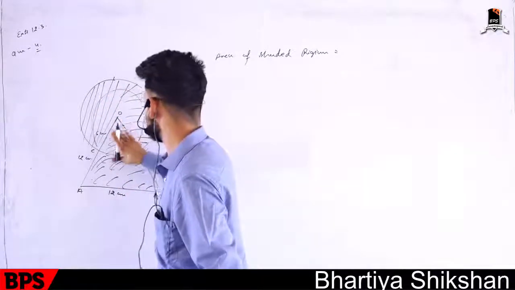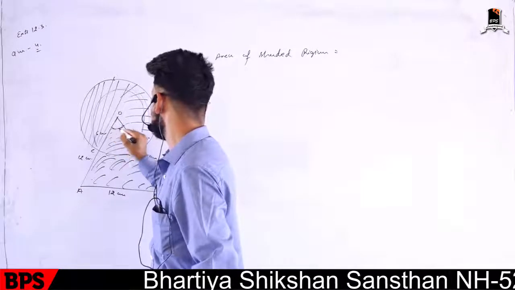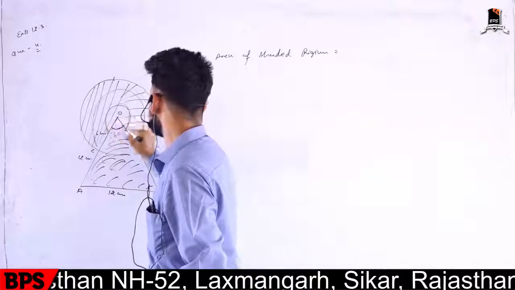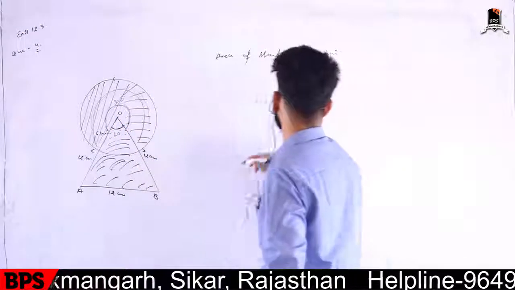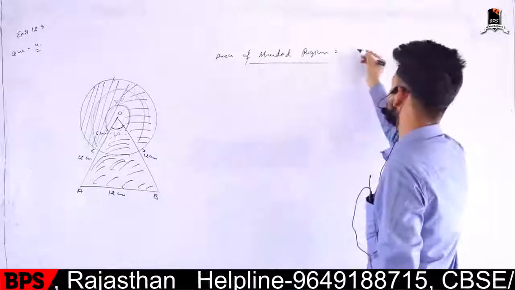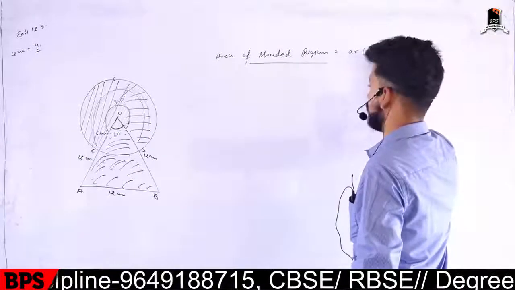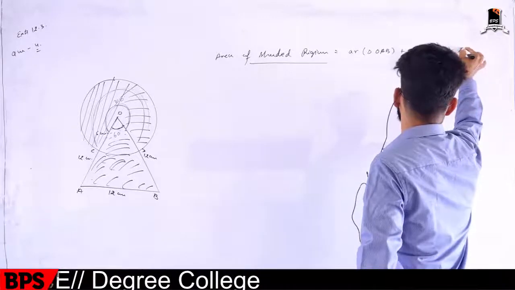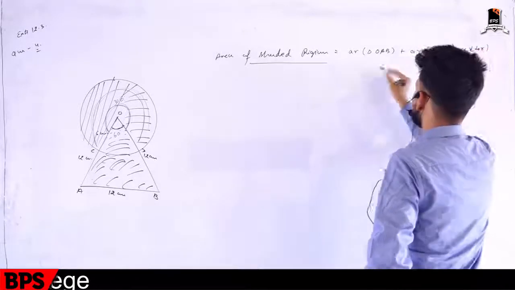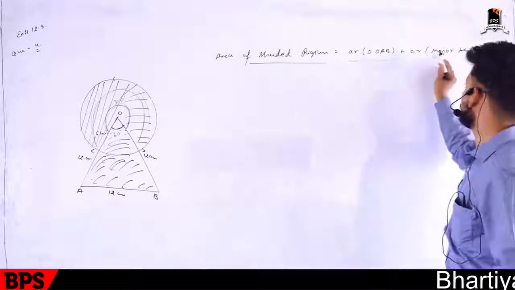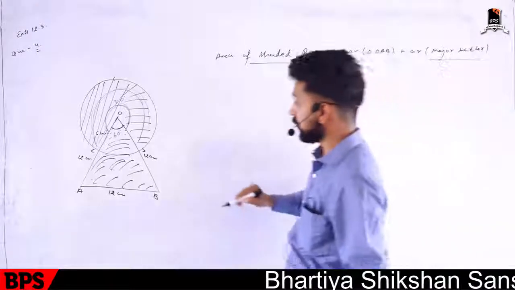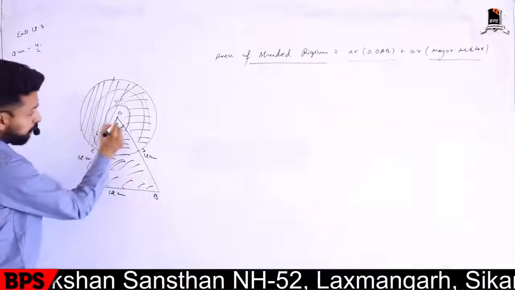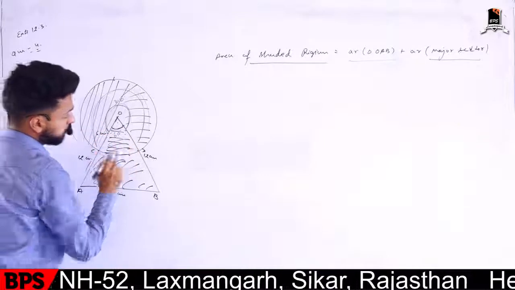The angle is 60 degree, so the angle of major sector becomes 300 degree. So the area of shaded region is equal to the area of triangle OAB plus the area of major sector, because the area of OCD is included in triangle OAB, so we do not use the whole circle.